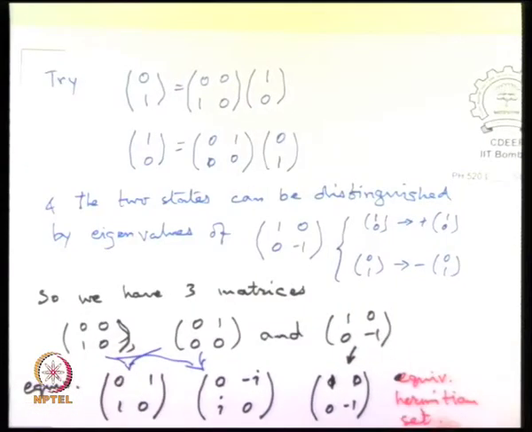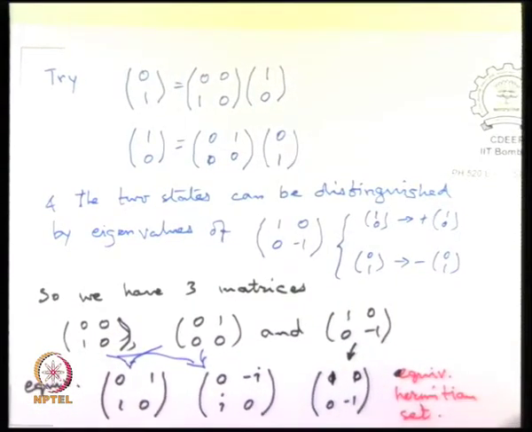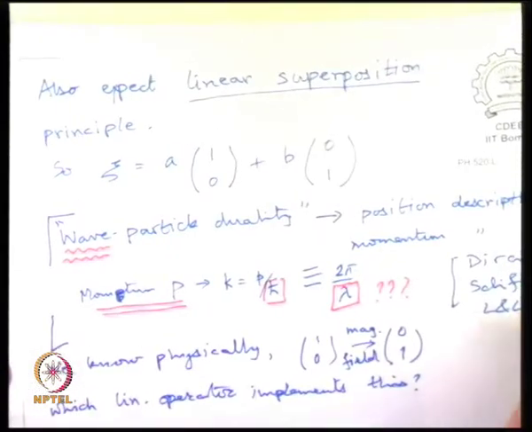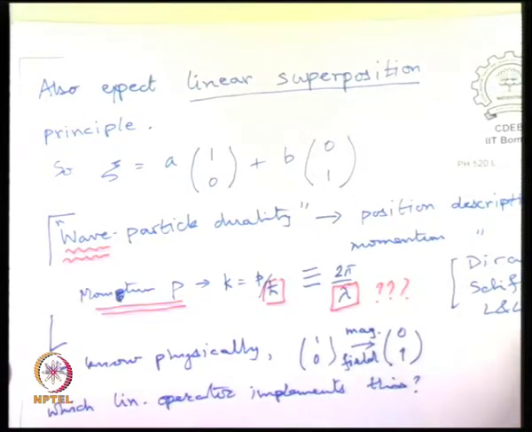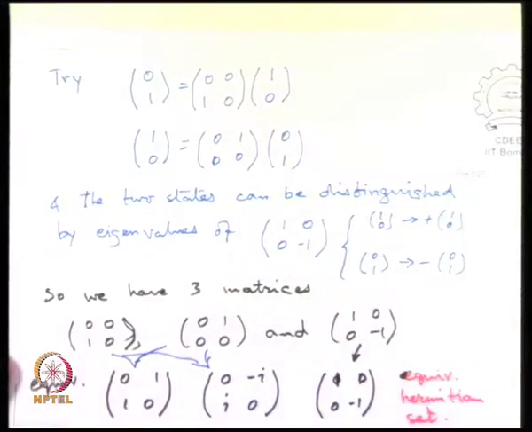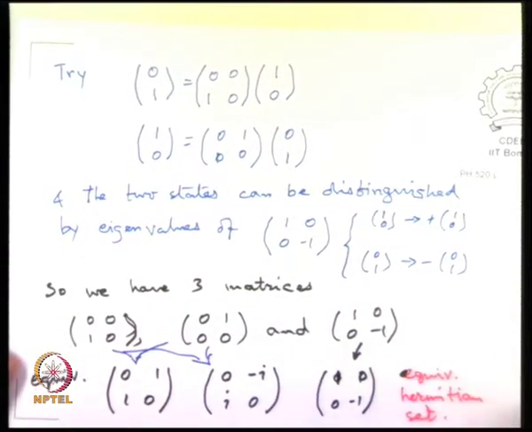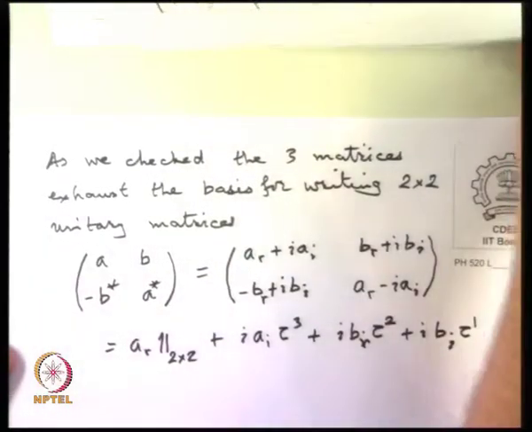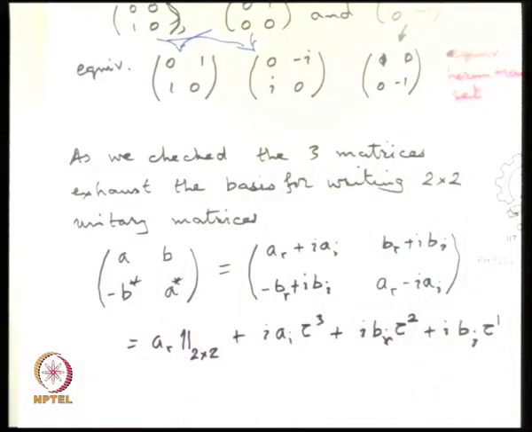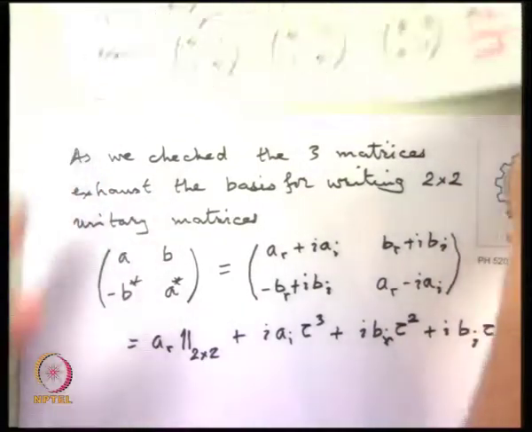So we have 3 Hermitian matrices which help us to understand the quantum mechanics of spins, which obeys the linear superposition principle and has the property that only eigenvalues are returned as a result of measurements. And amusingly, the 3 Hermitian matrices are the basis for the corresponding unitary matrices. This is an accident of 2 dimensions, okay?